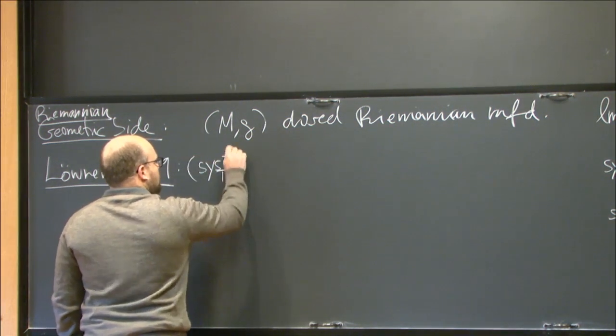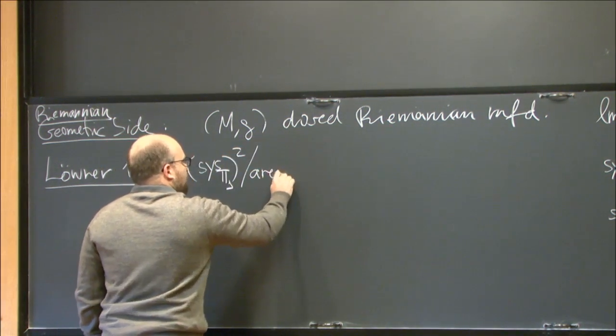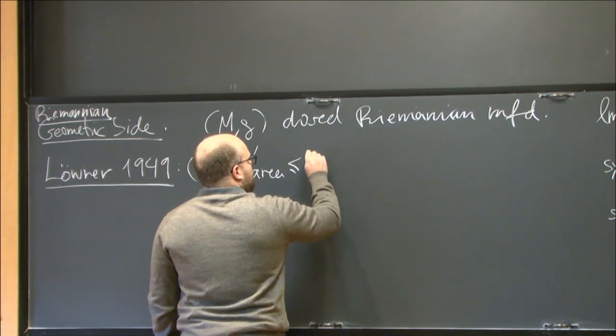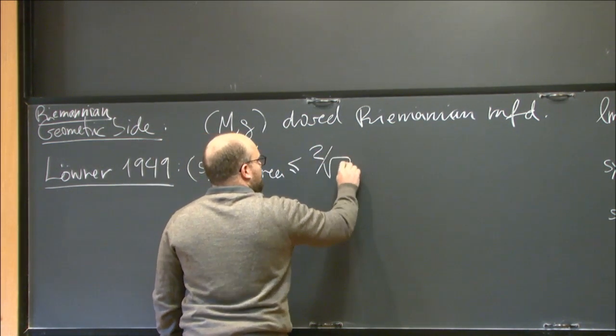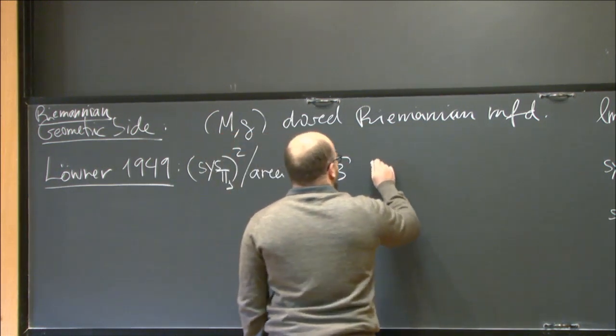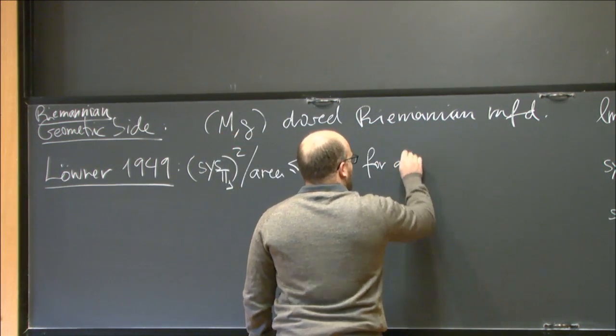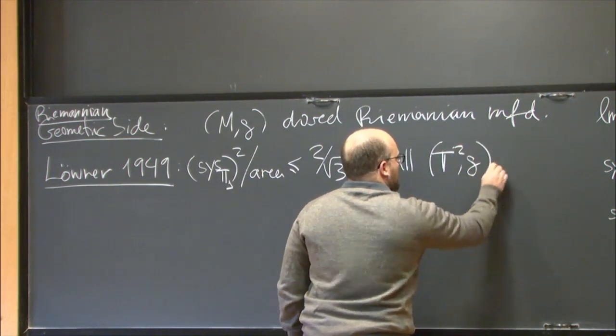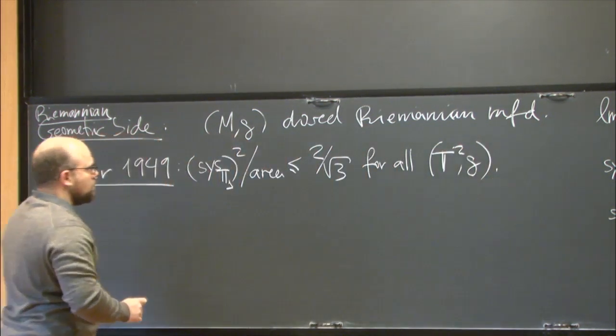Csπ1 squared divided by the area is less than or equal to 2 divided by the square root of 3 for all metrics on the two-torus.